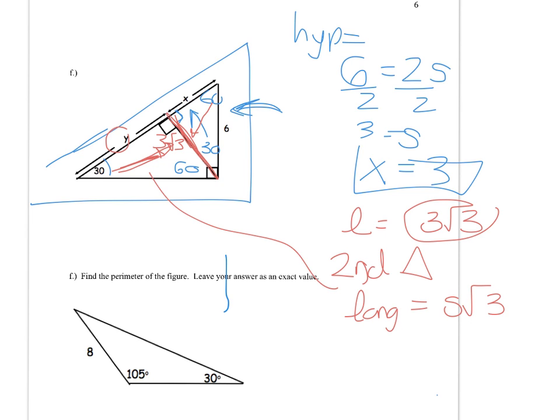Did I do that right? I'm looking at the wrong one here. Yeah, so I've got to go 3 radical 3 times radical 3. So that is 3 times 3, and y equals 9.